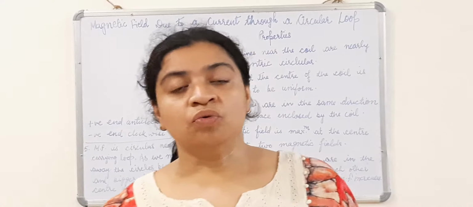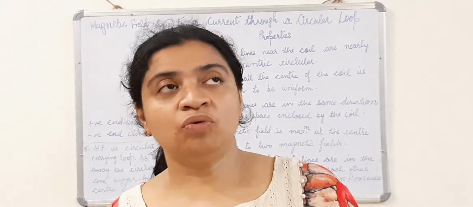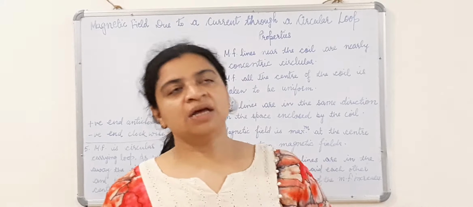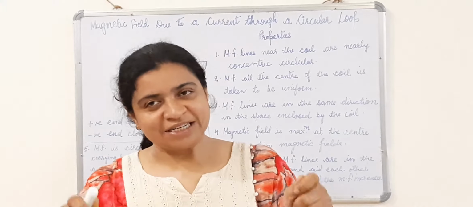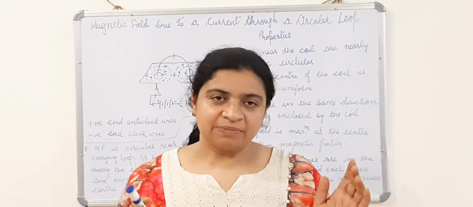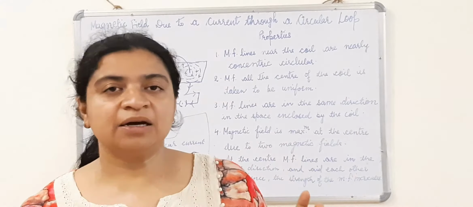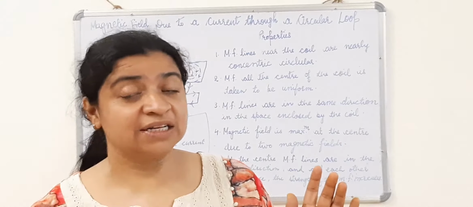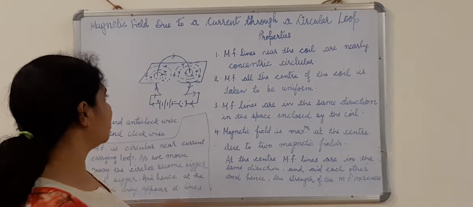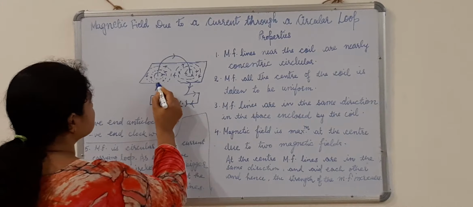When you switch on the key, you take a salt sprinkler and fill it with iron filings. You sprinkle them and gently tap the setting. Gently, do not disturb the system. Gently tap the setting and you will see that the iron filings have arranged themselves in this way.